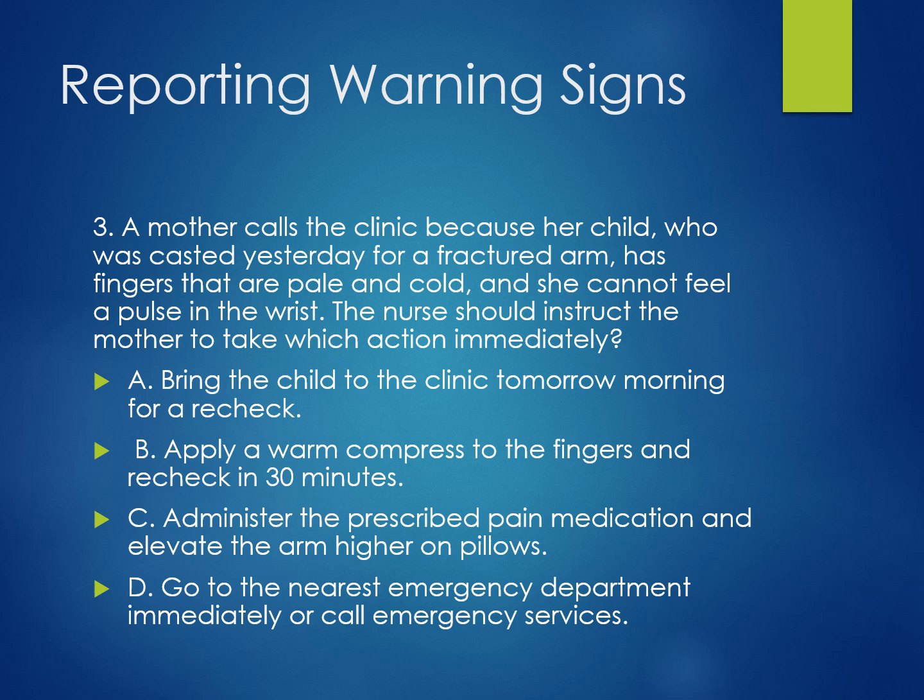A, bring the child to the clinic tomorrow morning for a recheck. That's late. B, apply a warm compress to the fingers and recheck in 30 minutes. That's also late. C, administer prescribed pain medication and elevate the arm higher on pillows. And D, go to the nearest emergency department immediately or call emergency services.